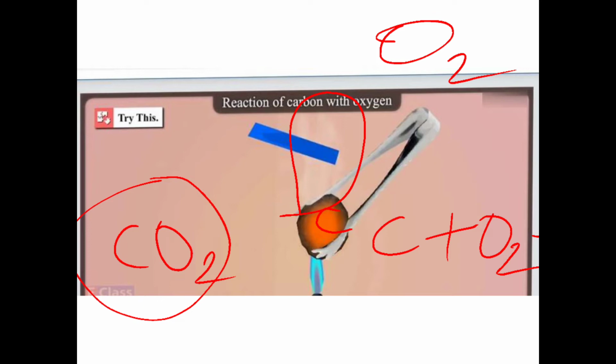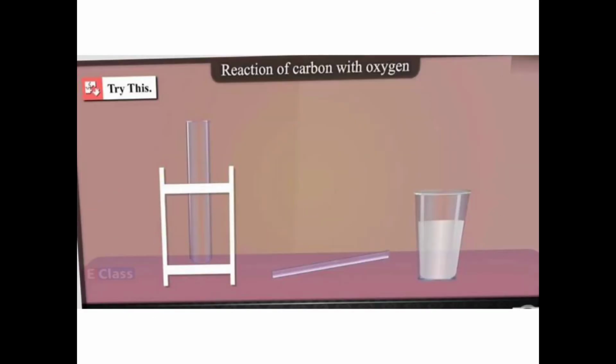Now we'll move towards the other experiment, which is a confirmation test of carbon dioxide. For that you are going to take a test tube, one straw, and freshly prepared lime water. Okay, you take a little bit of lime, मतलब चूना लेने का, चूने के अंदर पानी डालने का, हिलाने का, उसके बाद में उसको थोड़ी देर रख देने का, और फिर वापस चूना नीचे बैठ जाएगा, और जो ऊपर का पानी है that is called lime water.